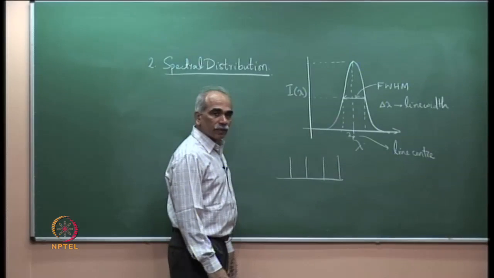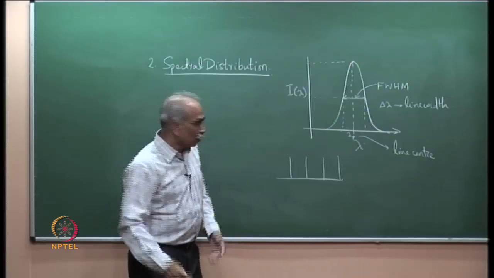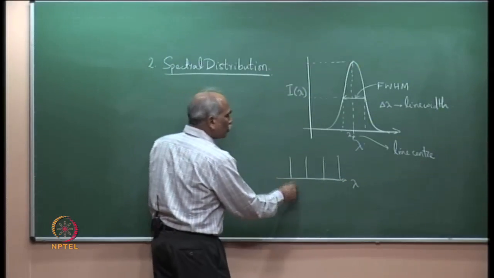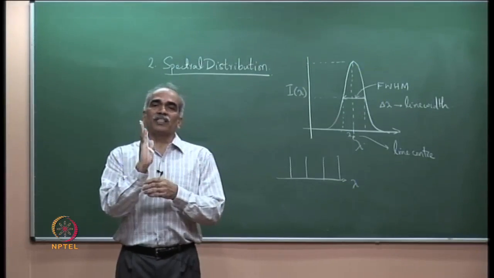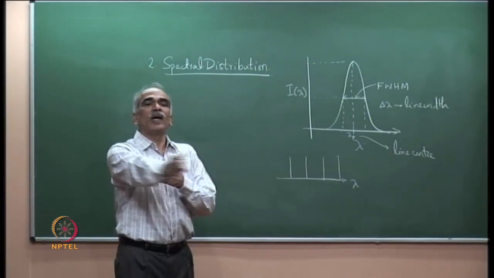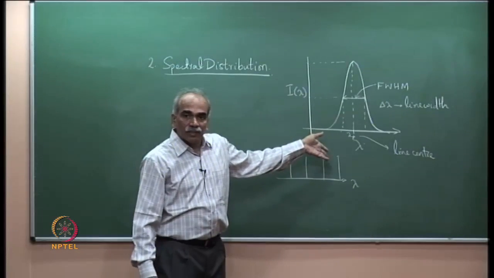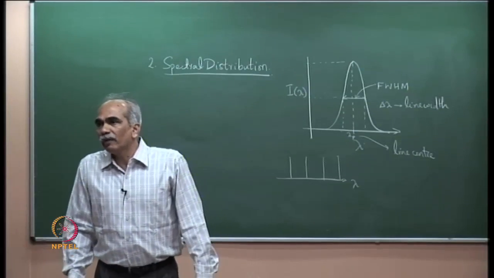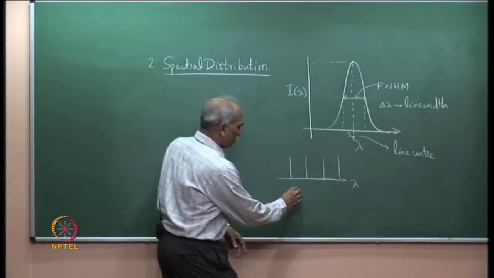These we call spectral lines. What I have plotted is lambda versus position. In a spectrometer we don't measure intensity; we measure the angle theta where it comes, because our objective is to determine the wavelength. Then we use d sin theta equal to n lambda and determine the wavelength. So these are called spectral lines.